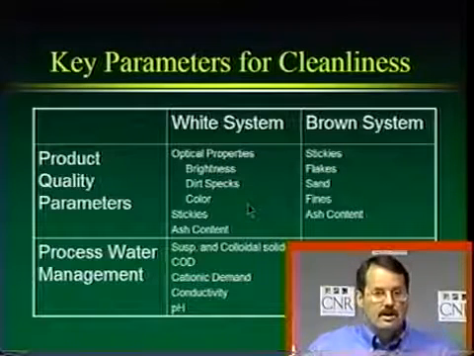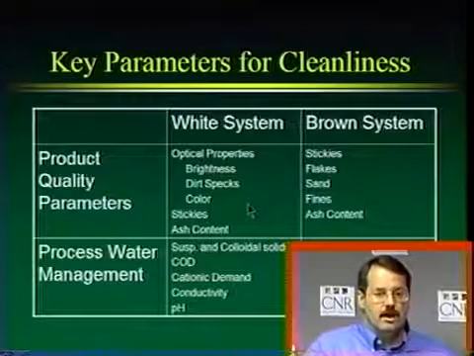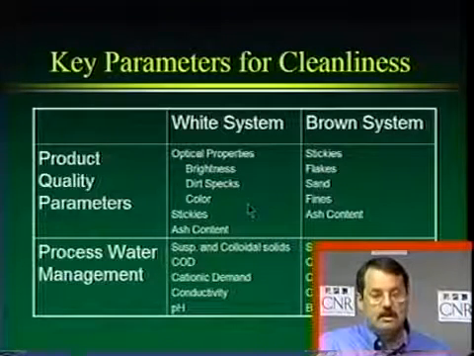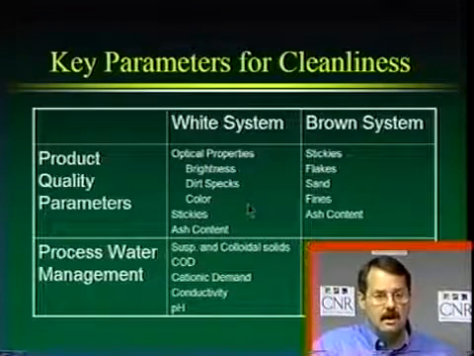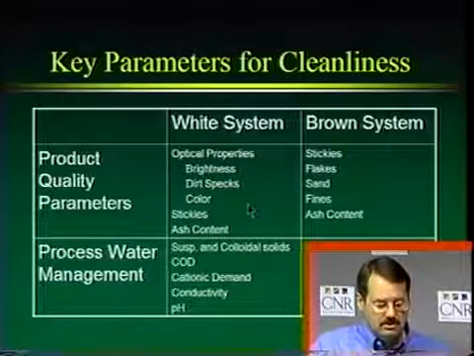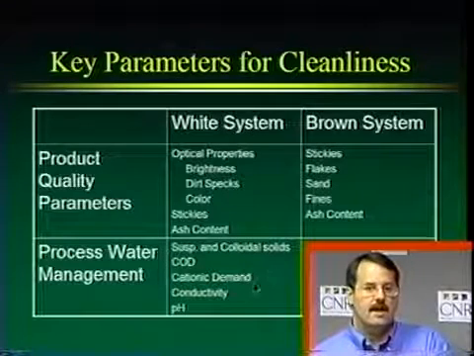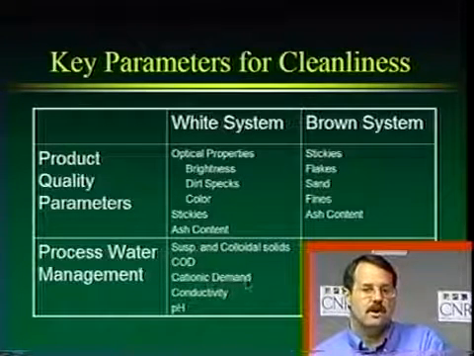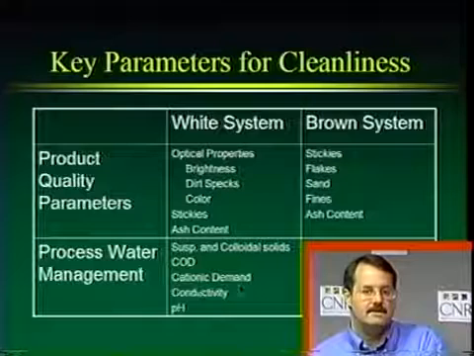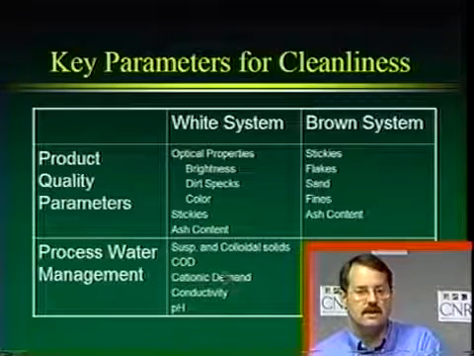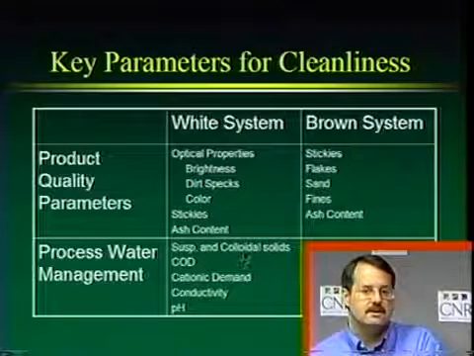Okay, when we talk about process water management, in a white system, what we're interested in is we want to get rid of suspended and colloidal solids. And the reason why is because these usually contribute to the cationic demand right here. And that cationic demand is going to impact the way additives, things like sizing agents or strength enhancing agents, interact with the fiber.